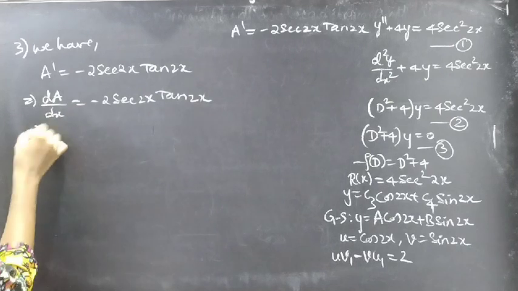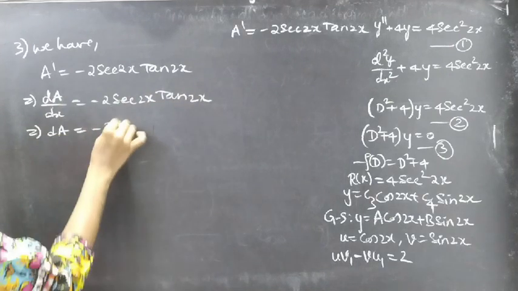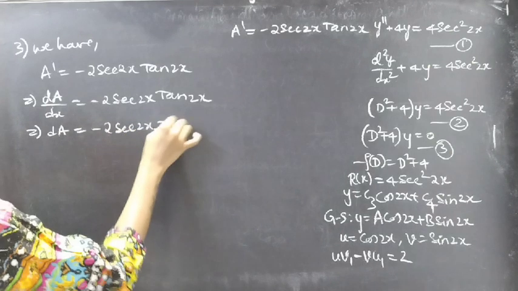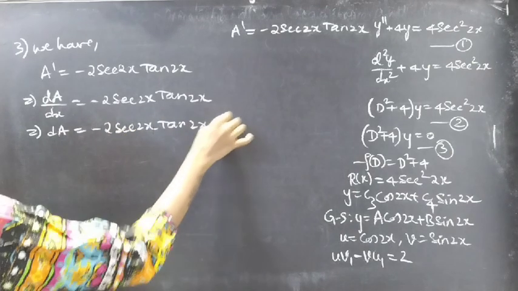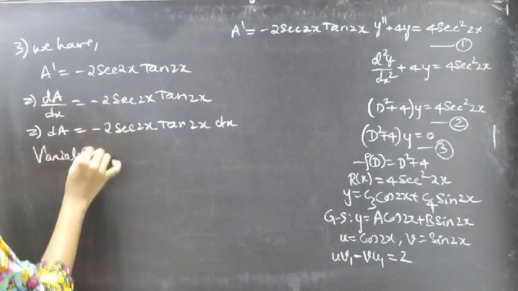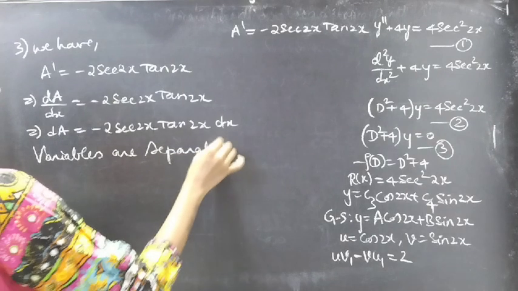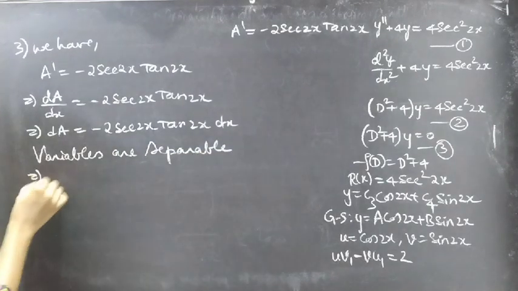Let's now separate the variables by taking the differential dx to the RHS. We'll get dA equal to minus 2 secant 2x tan 2x dx. Here the variables are separable. So let's perform integration.